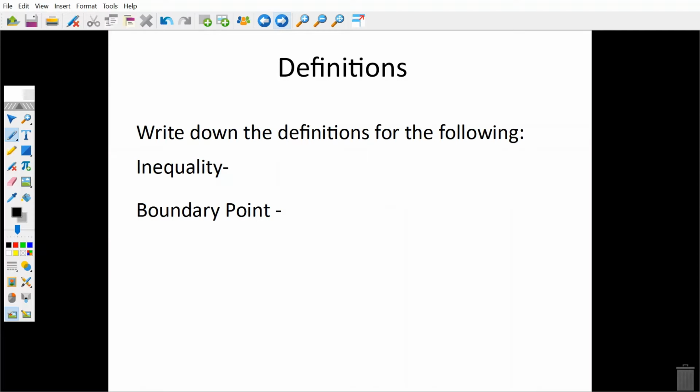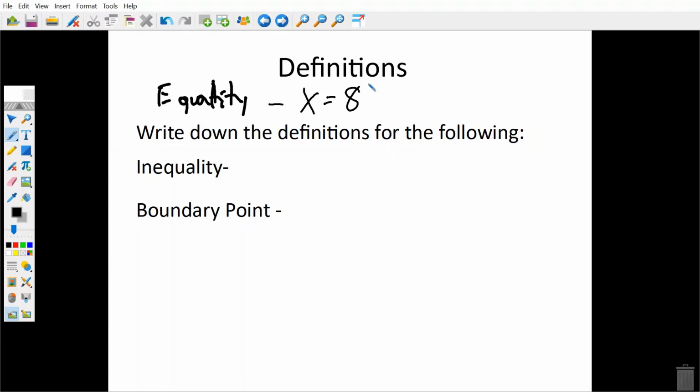The first thing we need to understand is the difference between an equality and an inequality. An equality is like what we dealt with last chapter, which would be like x equals 8. Like if you made $8 an hour, I might say x equals 8.